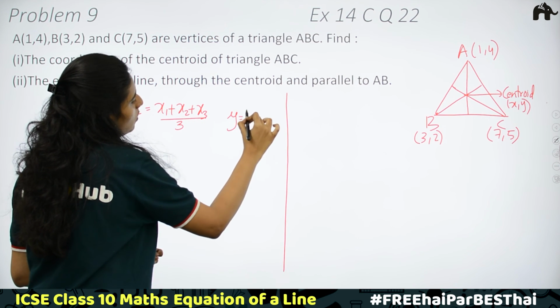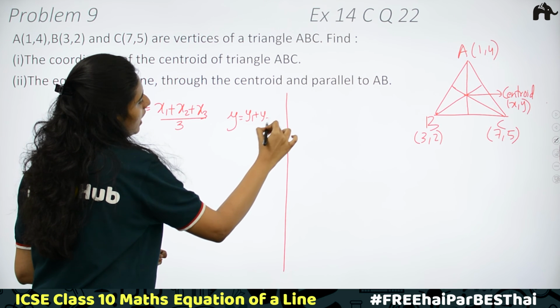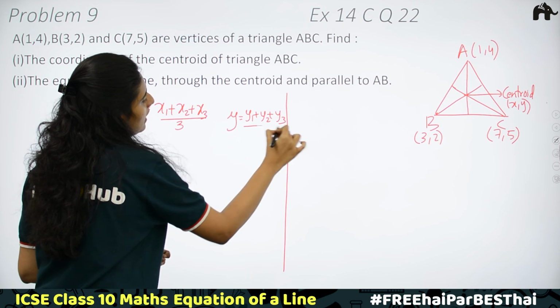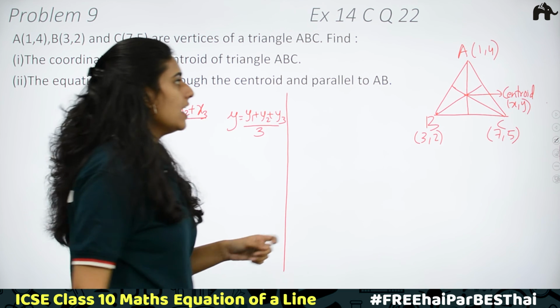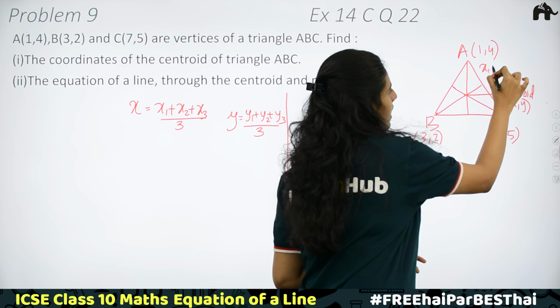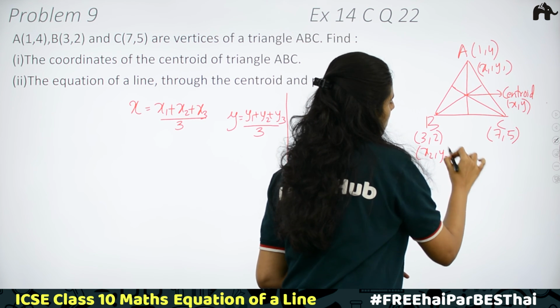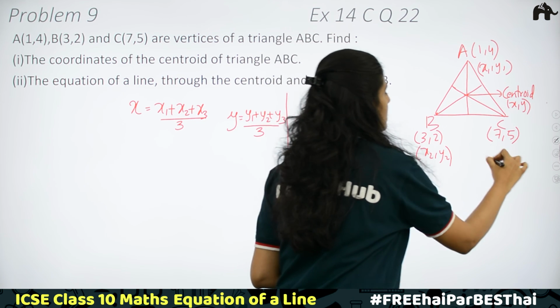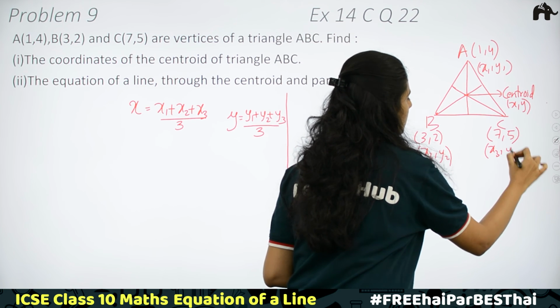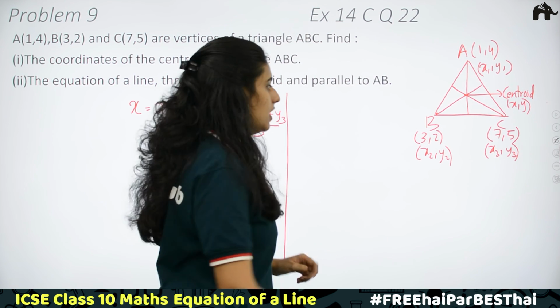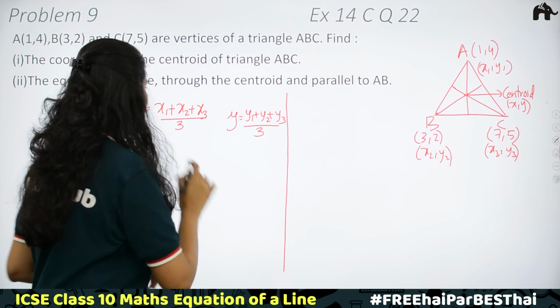Similarly, y will be equal to (y1 plus y2 plus y3) divided by 3. Here I am taking (x1, y1) as the coordinates of A, (x2, y2) as coordinates of B, and (x3, y3) as coordinates of C.